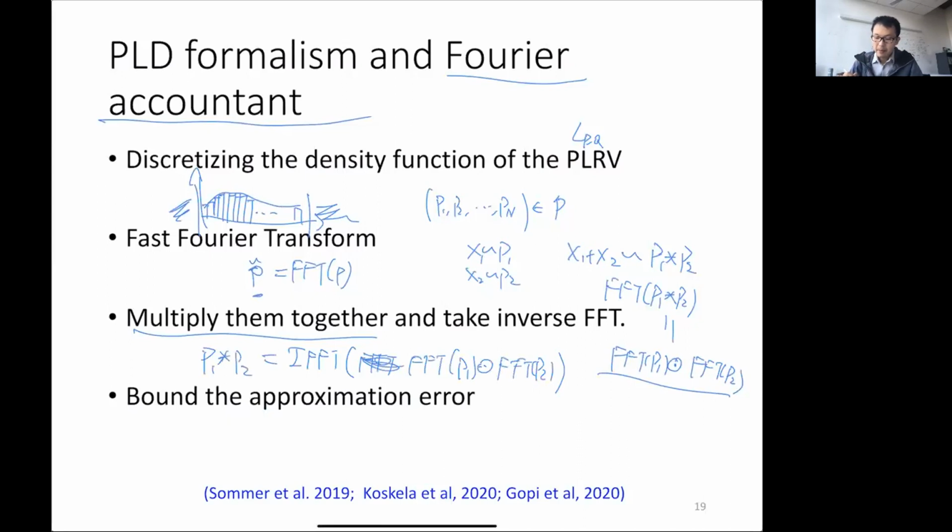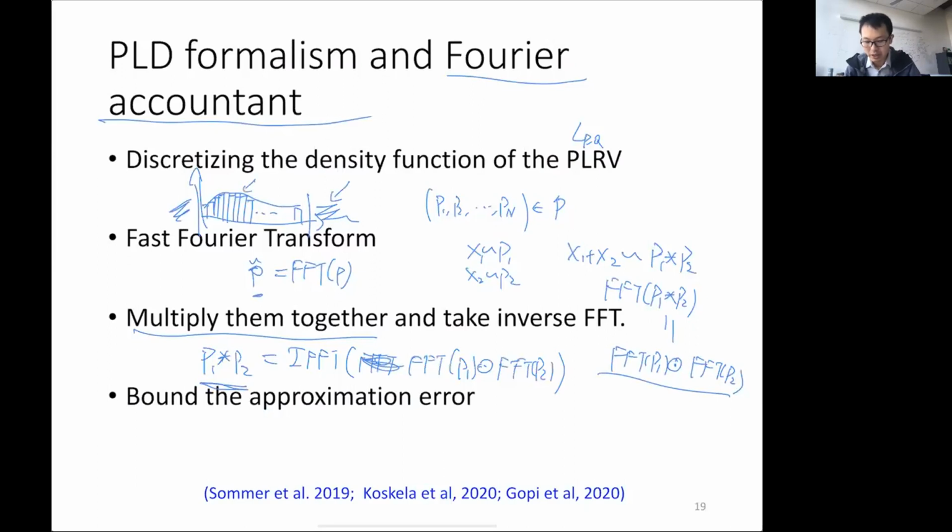Right, so this is a very neat idea. The key challenge in doing this appropriately in the context of differential privacy is that we need to bound the approximation error of this approach. We need to show how close this is to the case where you do not truncate and do not discretize.